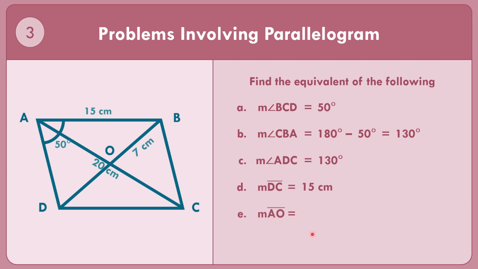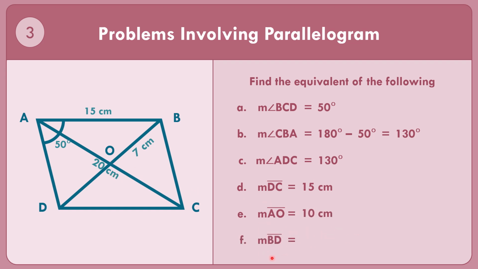How about letter E? The measurement of segment AO. If line segment AC is 20 centimeters, it means half of line segment AC, because diagonals bisect each other. So line segment AO is equal to 10 centimeters.